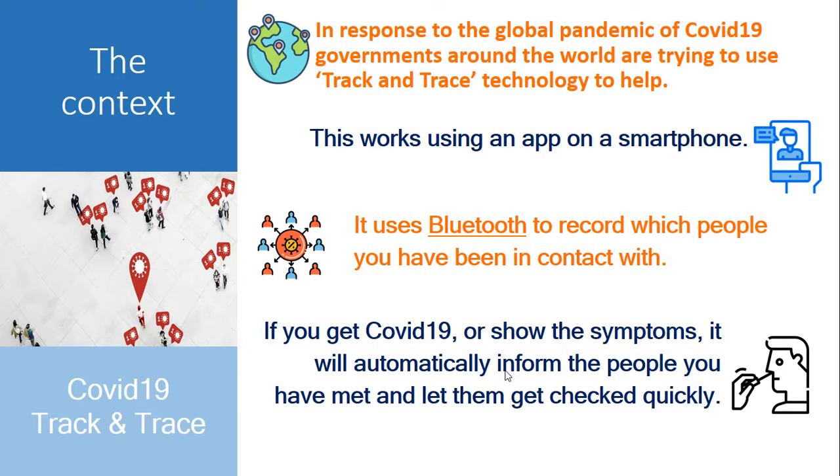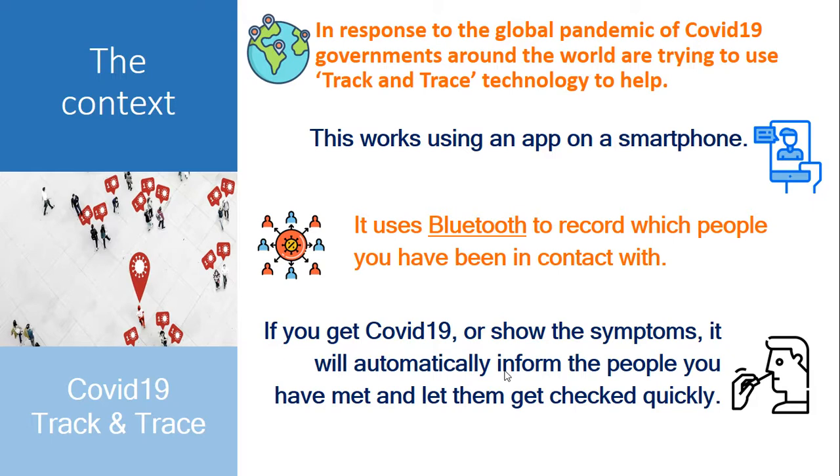Right. What is it exactly? Well, it's a response to the global pandemic. Governments around the world are all trying different track and trace technologies. And what we've got here is that this one works using an app on your smartphone.